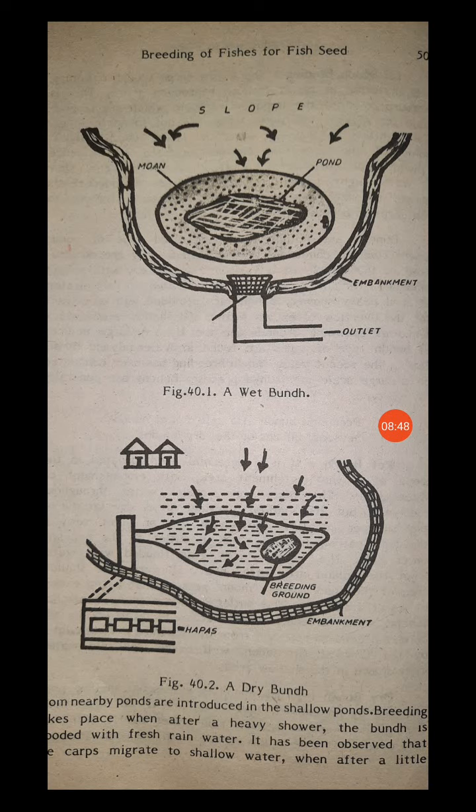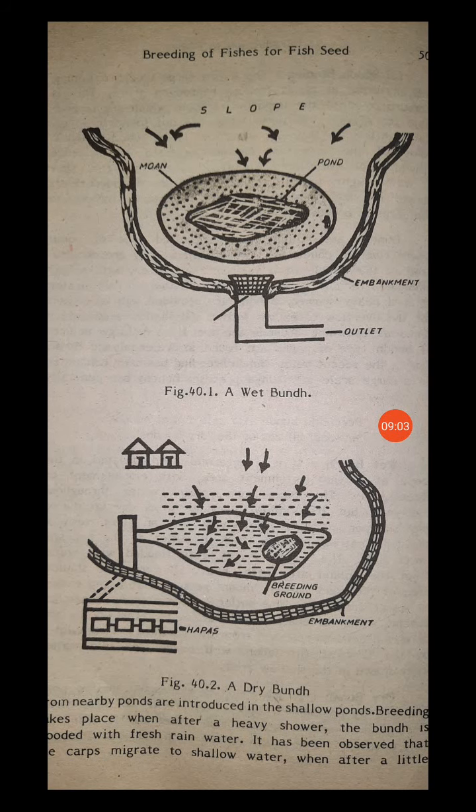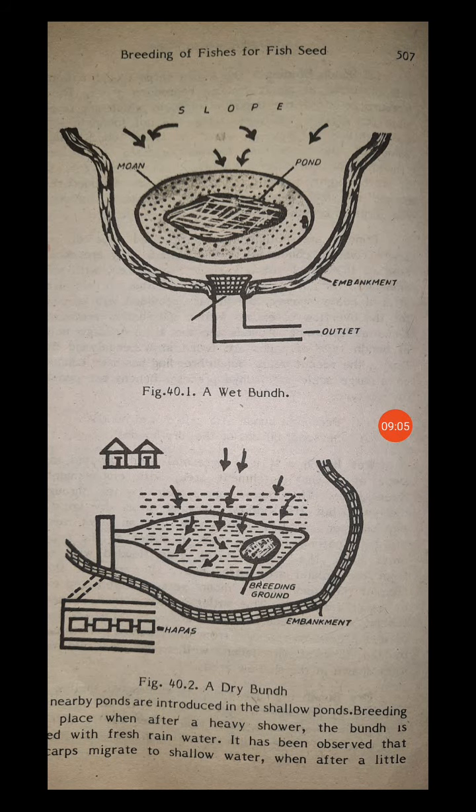The wet bund means the water is present in the bund throughout the year, and the dry bund dries up during the summer season. In this case, these bunds are covered on three sides by hilly areas, and one side is open.